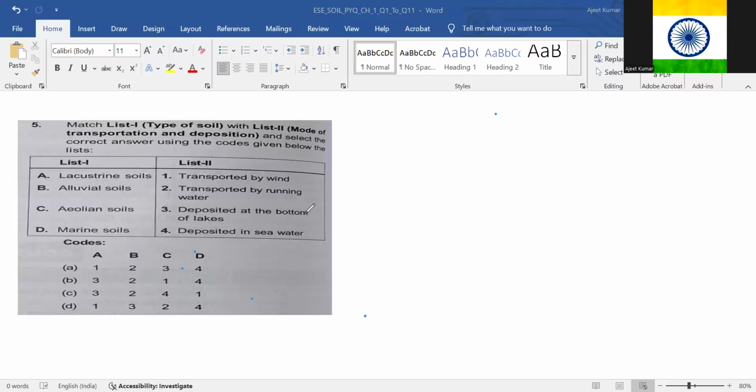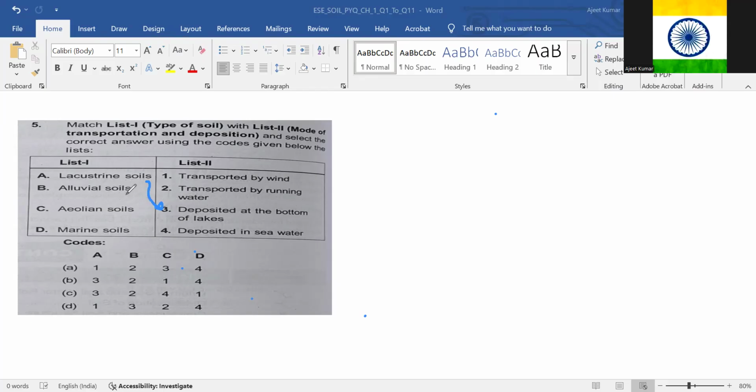Next question is question number 5. You know that lacustrine soil is deposited in bottom of lakes, so this will match with this one.